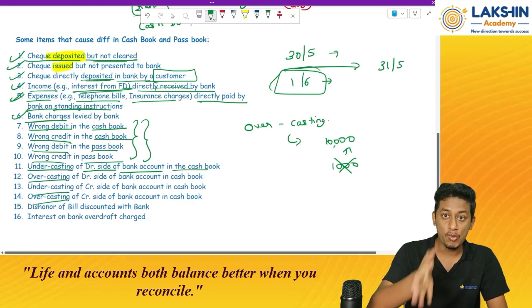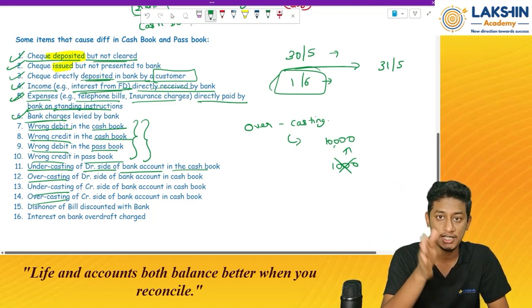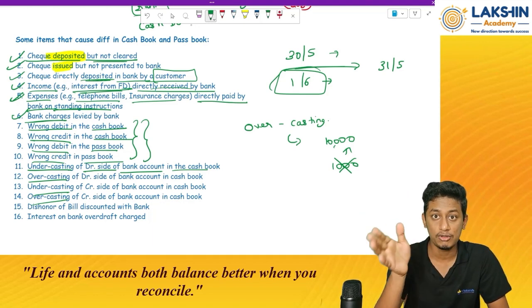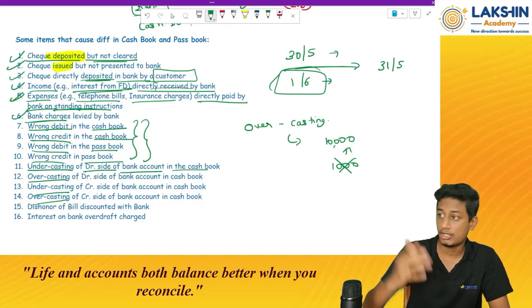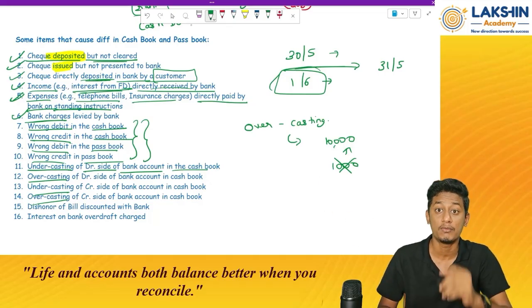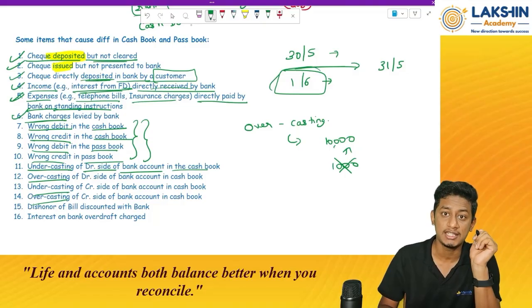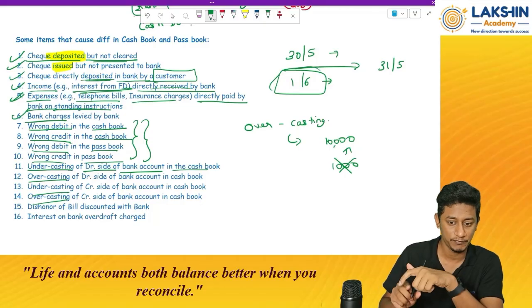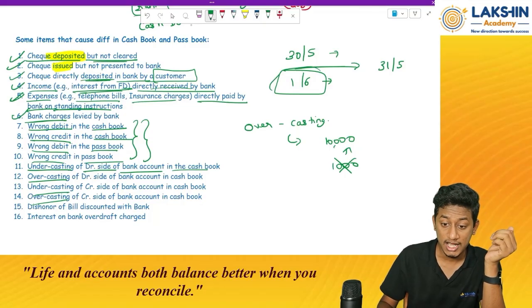Writing the amounts more than what it actually is. So instead of 1,000, I wrote 10,000 paid or 10,000 received. So what will happen? Again, there will be a mismatch in the cash book and the passbook. Clear? Okay. Now what is undercasting? Reverse of this.